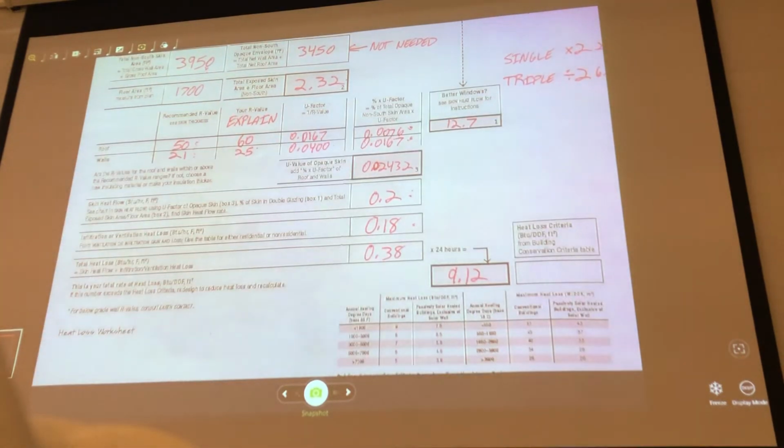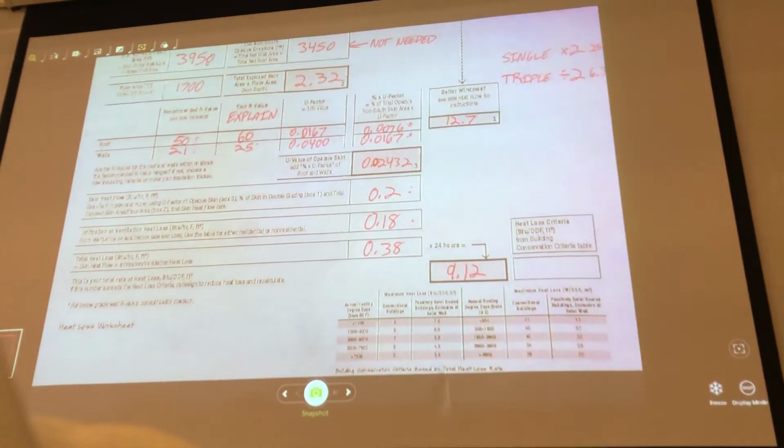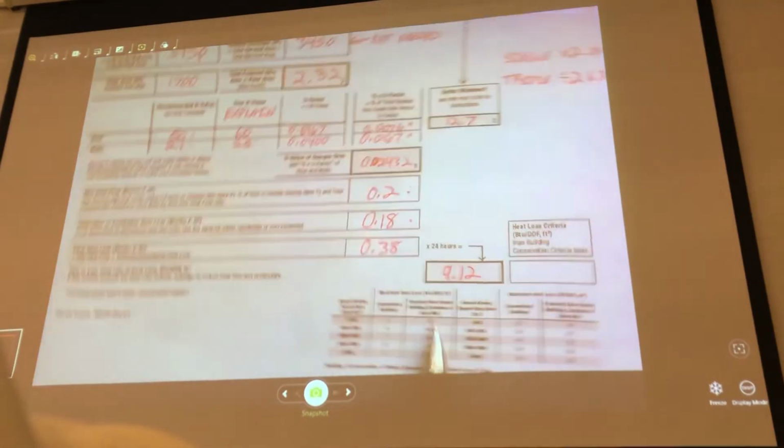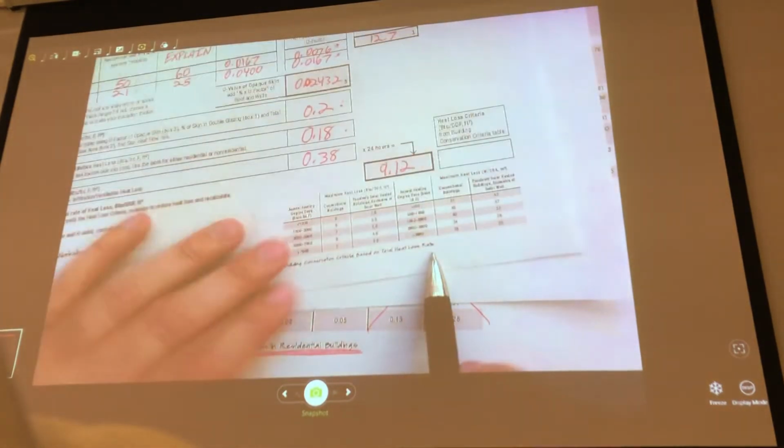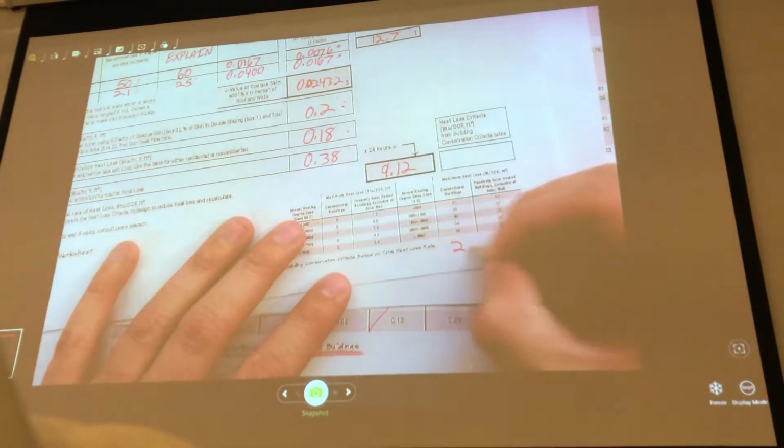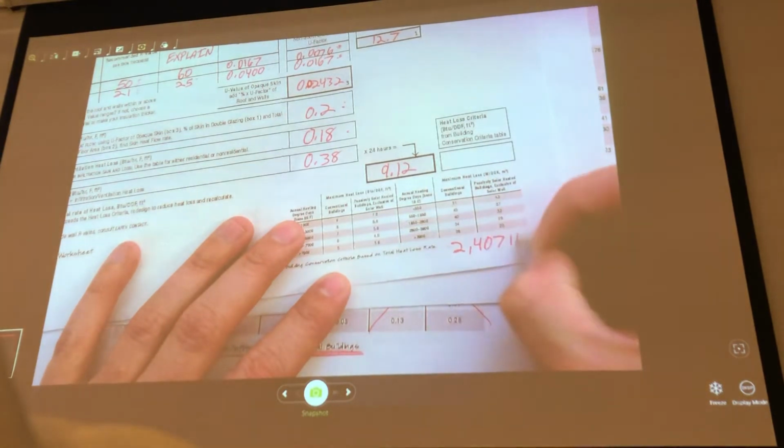This is where we can actually start comparing our buildings to other buildings that are not necessarily located in our climate. All we need to know is what are the overall heating degree days for Las Vegas. Las Vegas on average has 2,407 heating degree days.